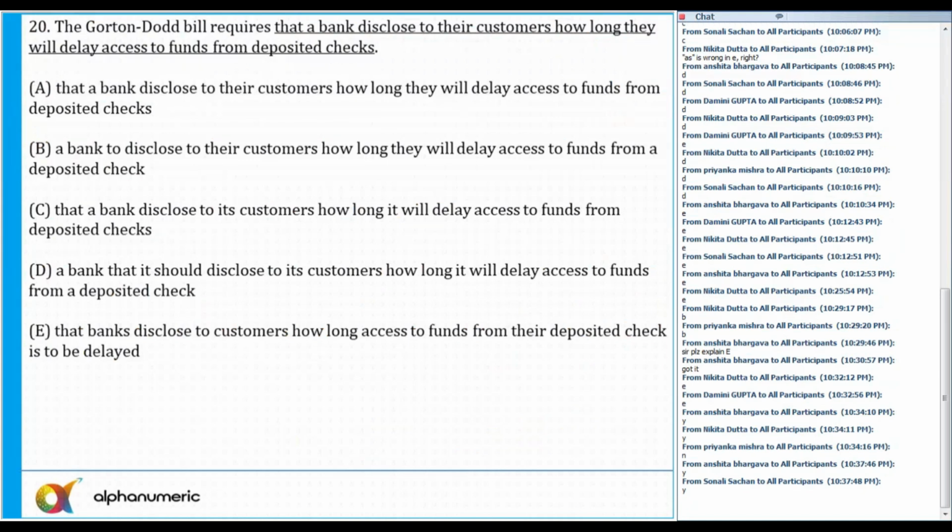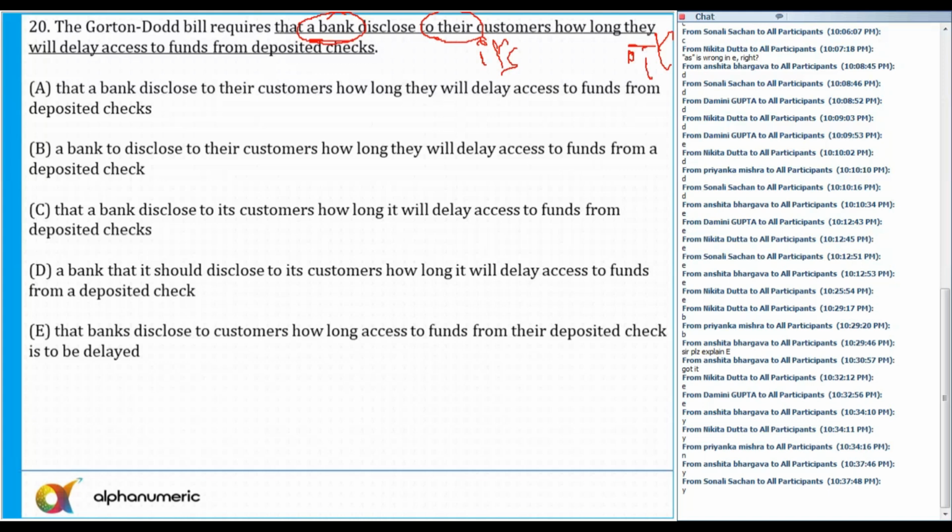The Gorton Dot Bill requires that a bank disclose to their customers, wrong, to its customers, how long they, it is a bank, how long it, so again this is wrong, how long it will delay access to funds from deposited checks.